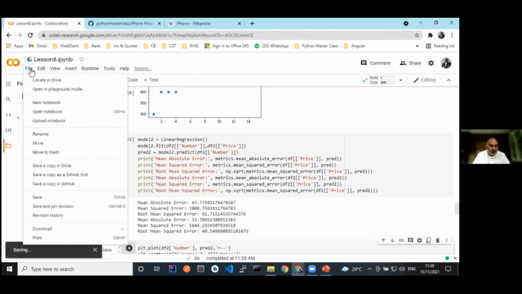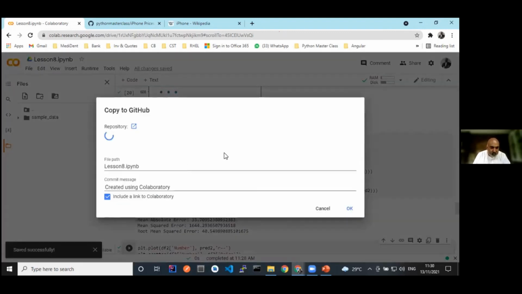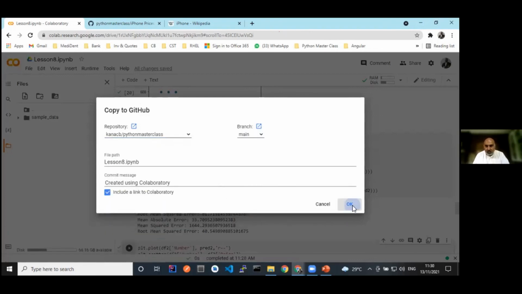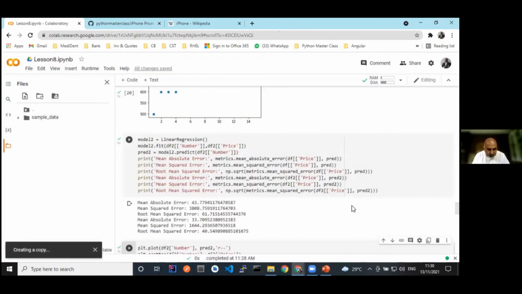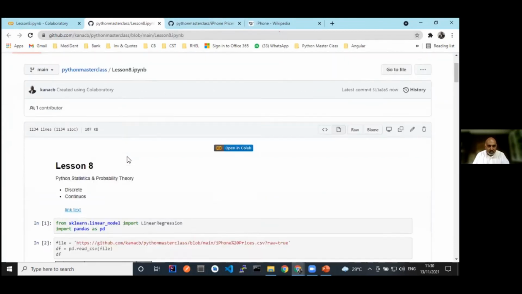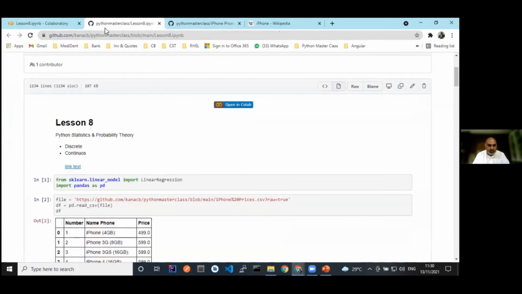Then I'm going to publish this to GitHub. It's creating a copy. So if you wanted to, you just need to go back to the GitHub and download this all over again.